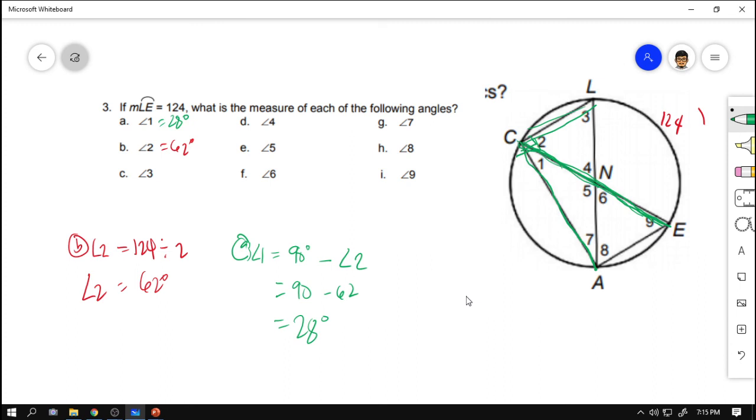Angle 3. Si angle 3 naman. Kaya na bang hanapin si angle 3? Hindi pa. So, hanap ko pa ng paraan. Okay? Next, if you will observe, dito, balik ka kay 124.